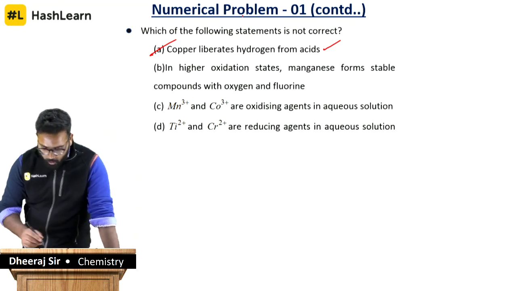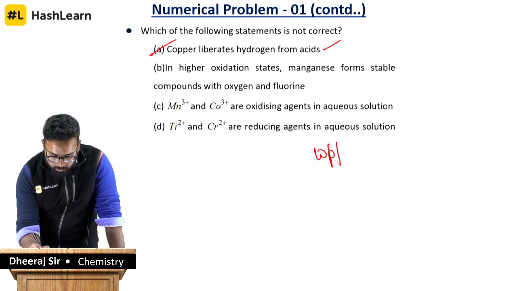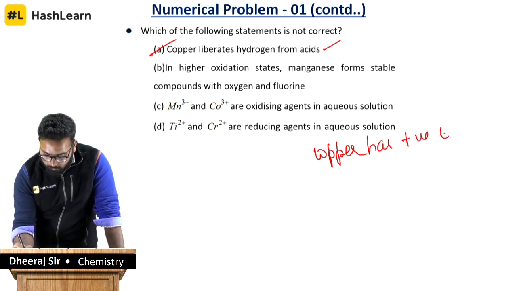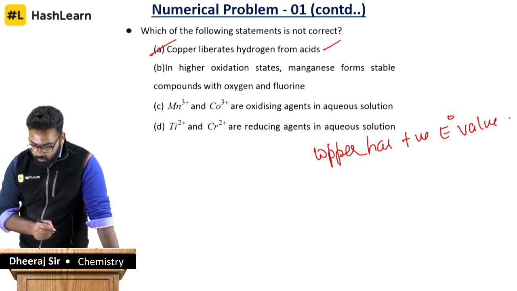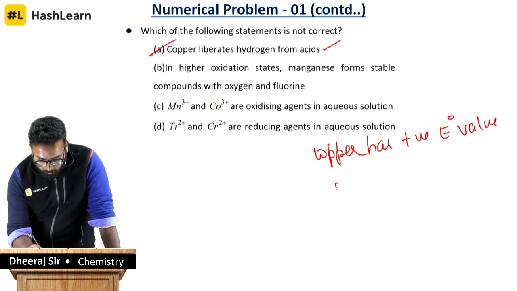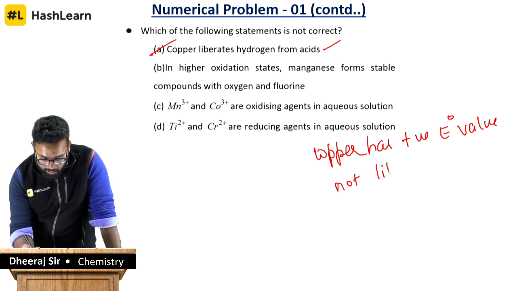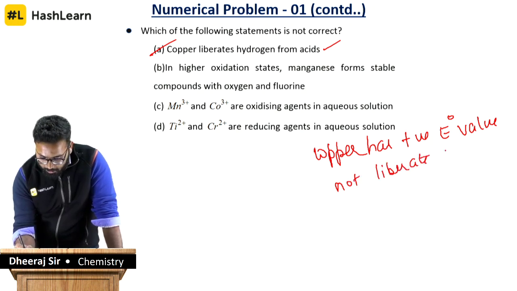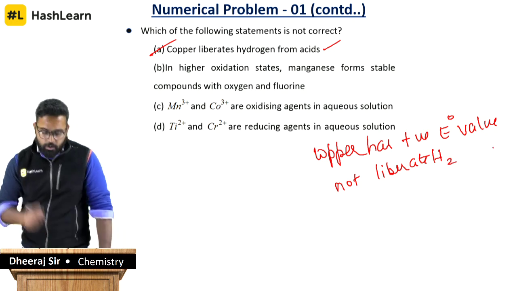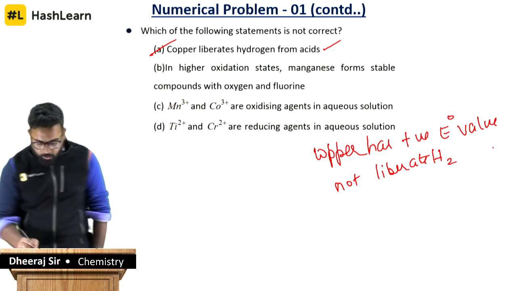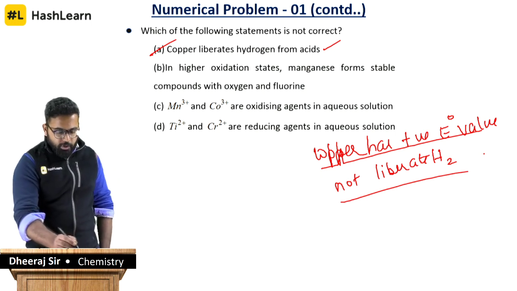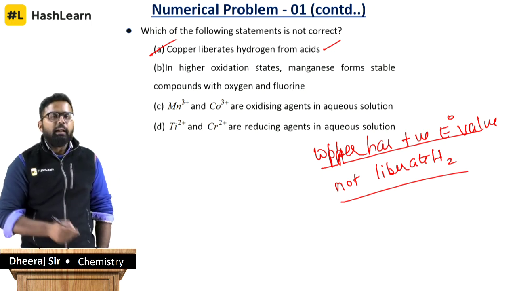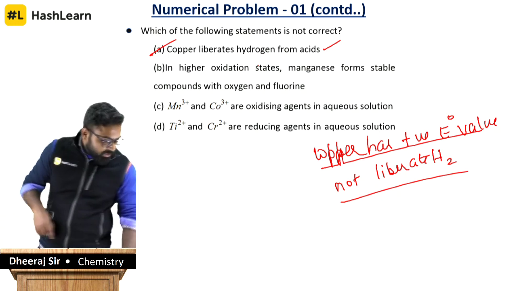That is because copper has a positive E0 value, that is electrode potential value, which says it will not liberate H2. Therefore, copper liberates hydrogen from acid is the wrong statement, which is option A.